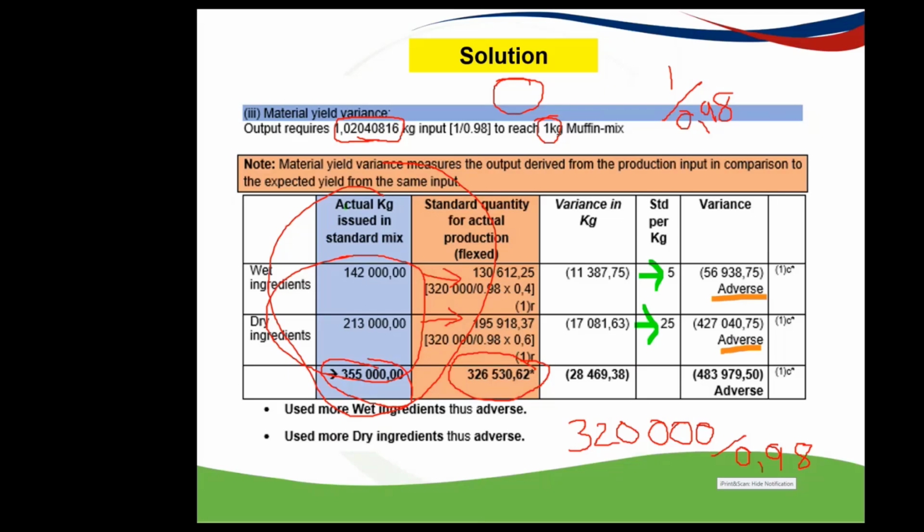Because this wet and dry ingredients quantity that we're looking at here, the 142 and the 213, those cost me 5 Rand and 25 Rand respectively. So if I'm going to adjust it at the level of the quantity, then I will have to adjust the price as well.